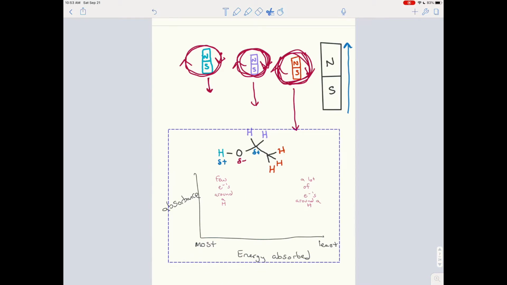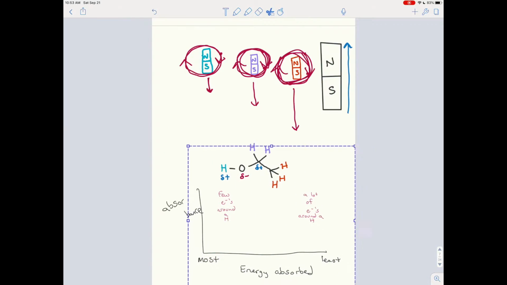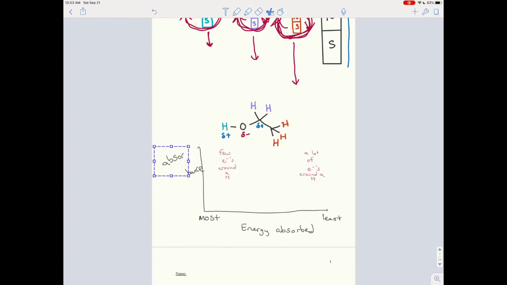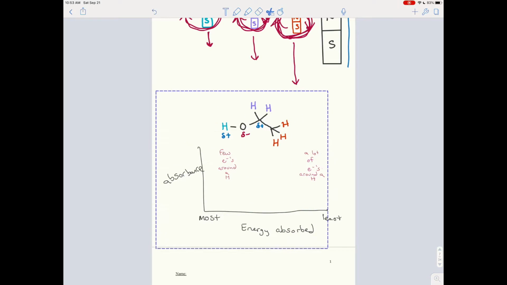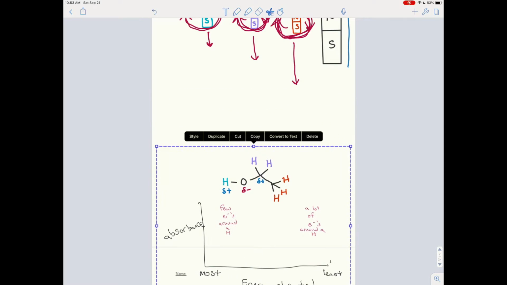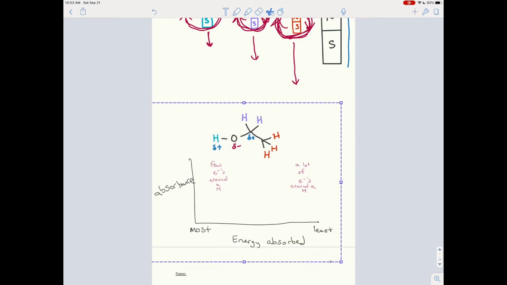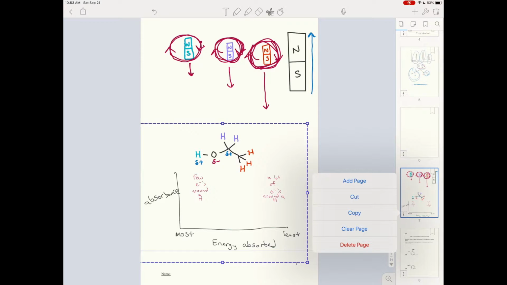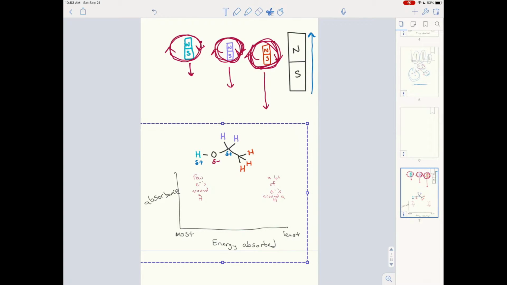Okay, now, when you think about the magnetic field that the nucleus is feeling, it's the sum of the two magnetic fields that we saw a second ago.